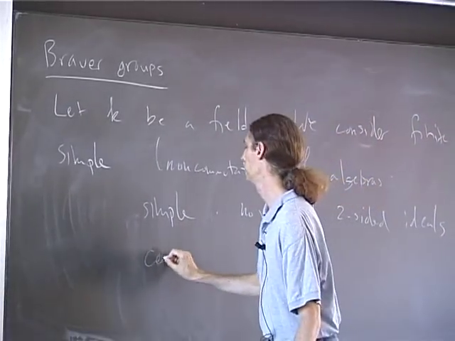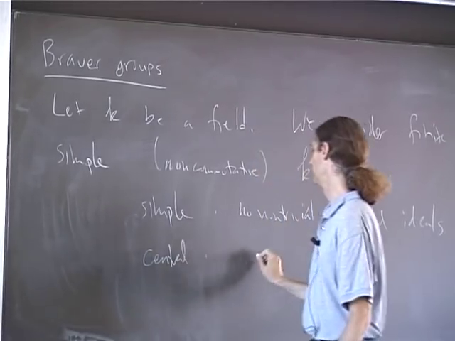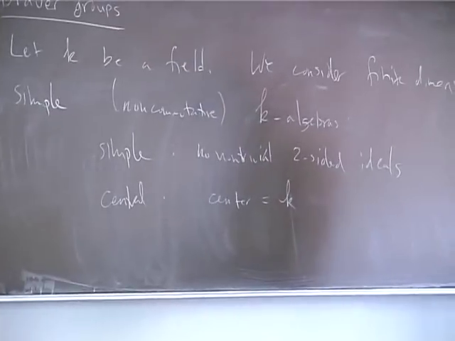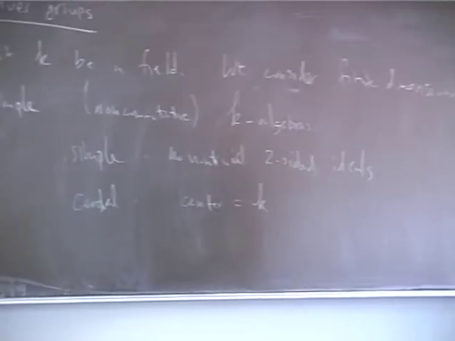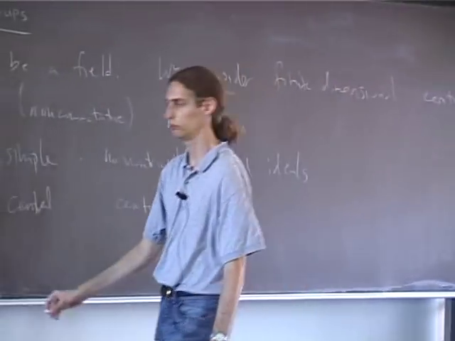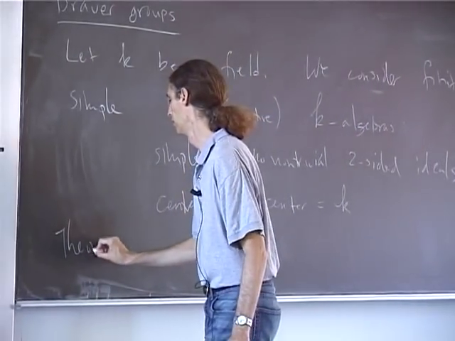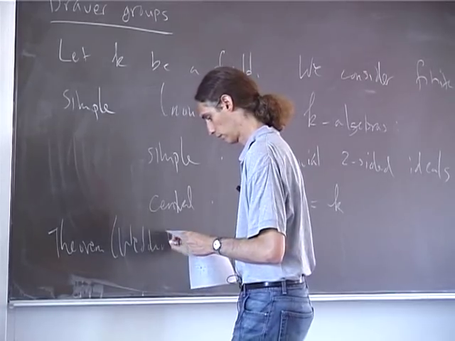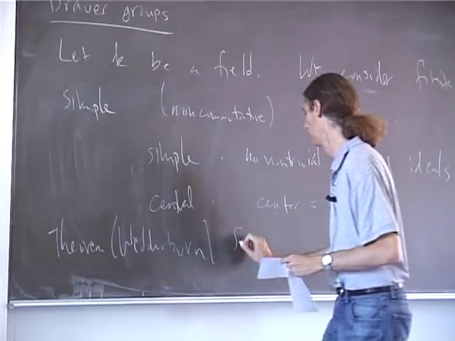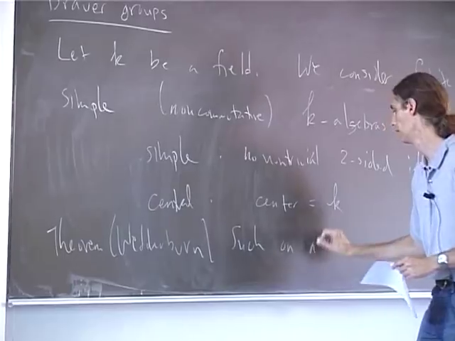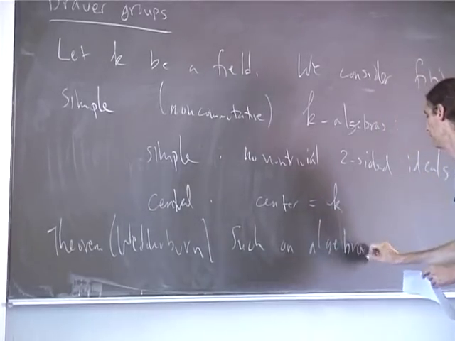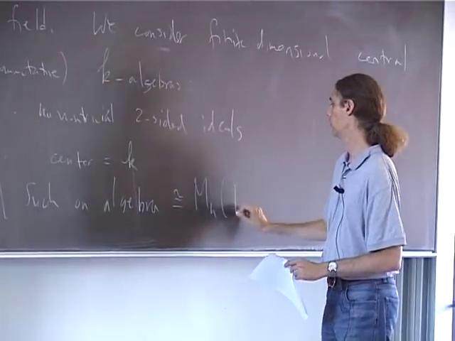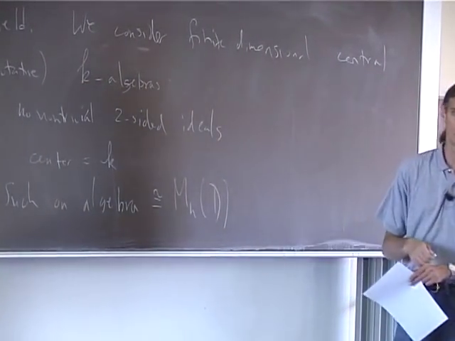And central means that the center is K. And there's a structure theorem due to Wedderburn, that such an algebra is isomorphic to a matrix algebra over a division algebra.